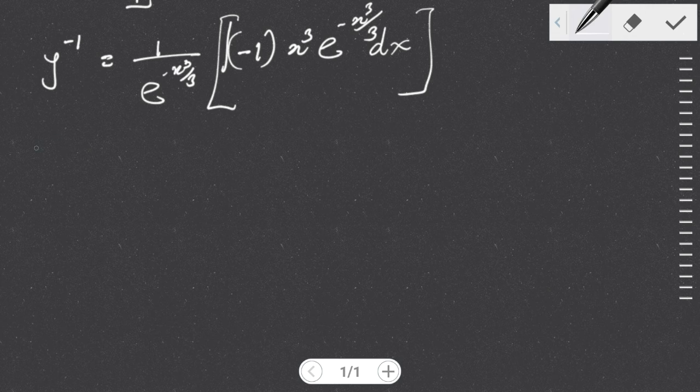So after that, we say that y to power -1 would be equals to 1 all over e power -x cubed all over 3.